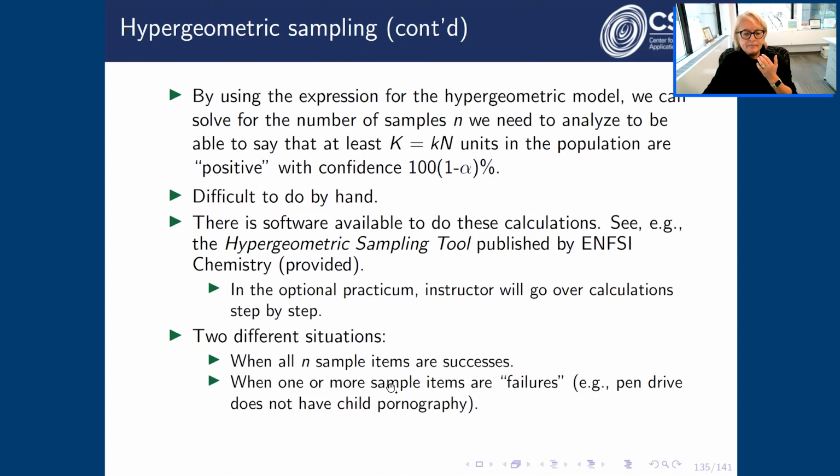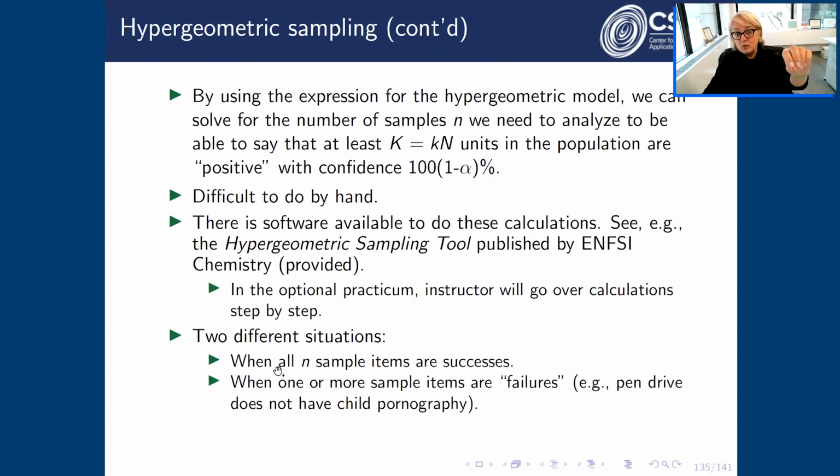And I can think of two possible situations here. One situation is when all the n sample items are successes. And another situation is when one or more sample items are failures. So for example, imagine I draw a single pen drive and there's no child porn. Well, that immediately tells me that the proportion of pen drives in the population that contain child porn cannot be 100%, because I drew one and it didn't.